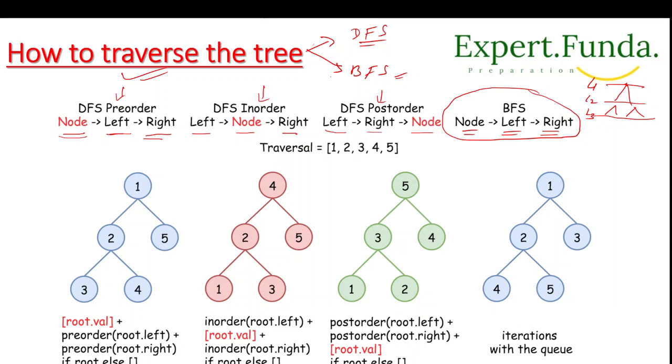So the DFS strategy can be further distinguished as pre-order, in-order, and post-order, depending on the relative order among the root node, the left node, and the right node. But BFS goes only in order of height, from top to bottom, so the nodes at higher levels are visited before the ones at lower levels, okay.